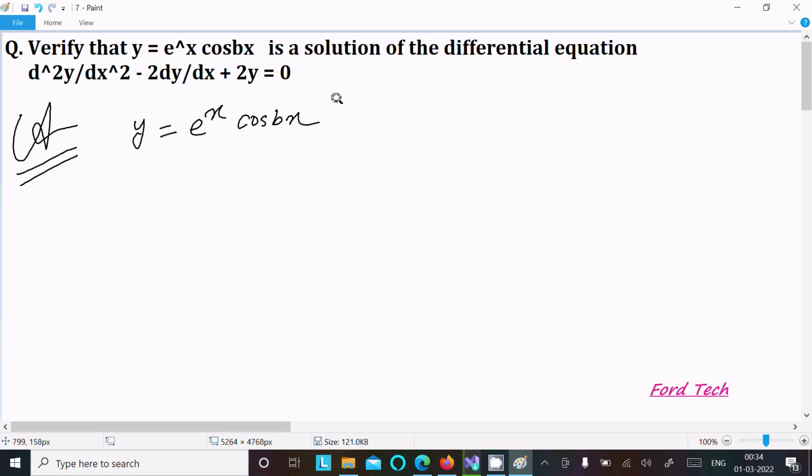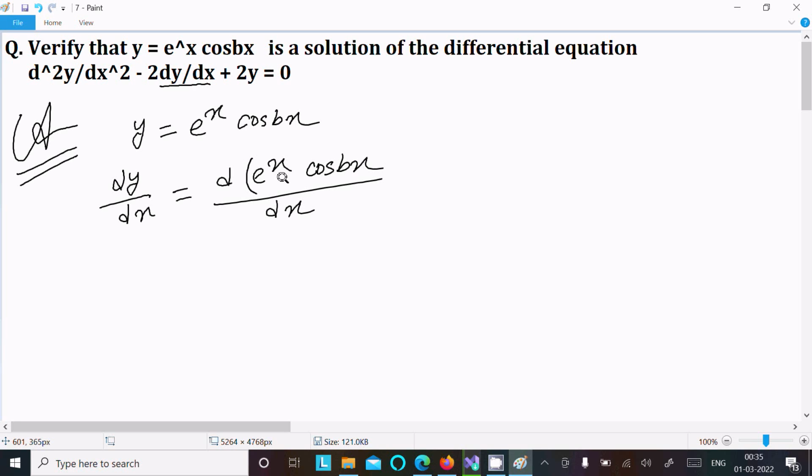Now here we need to get dy by dx first. So doing the differentiation with respect to x. So dy by dx is d of e power x cos bx divided by dx. Here you can get two terms, u and v, so d of uv divided by dx.